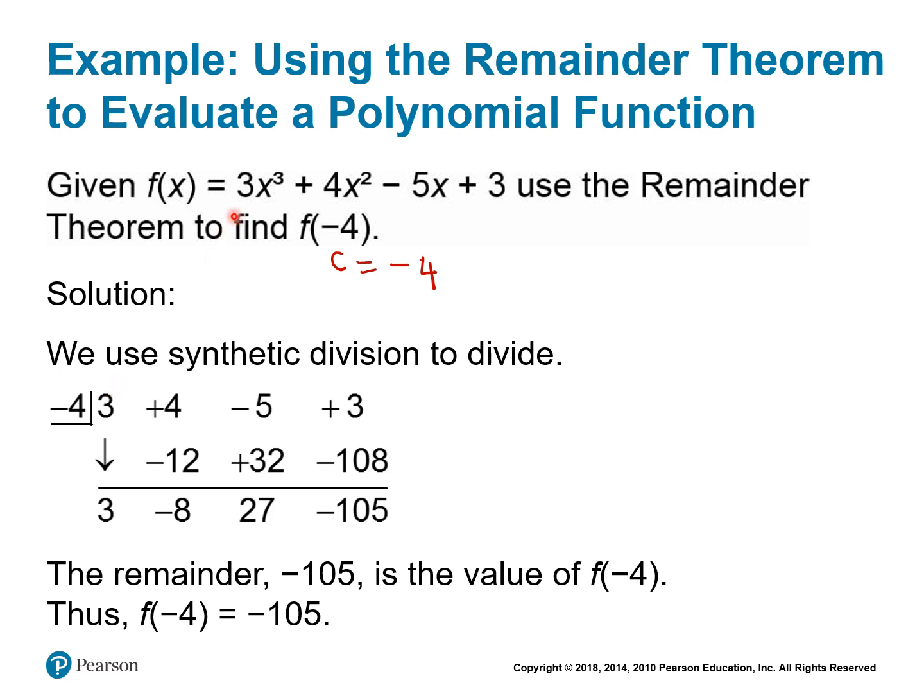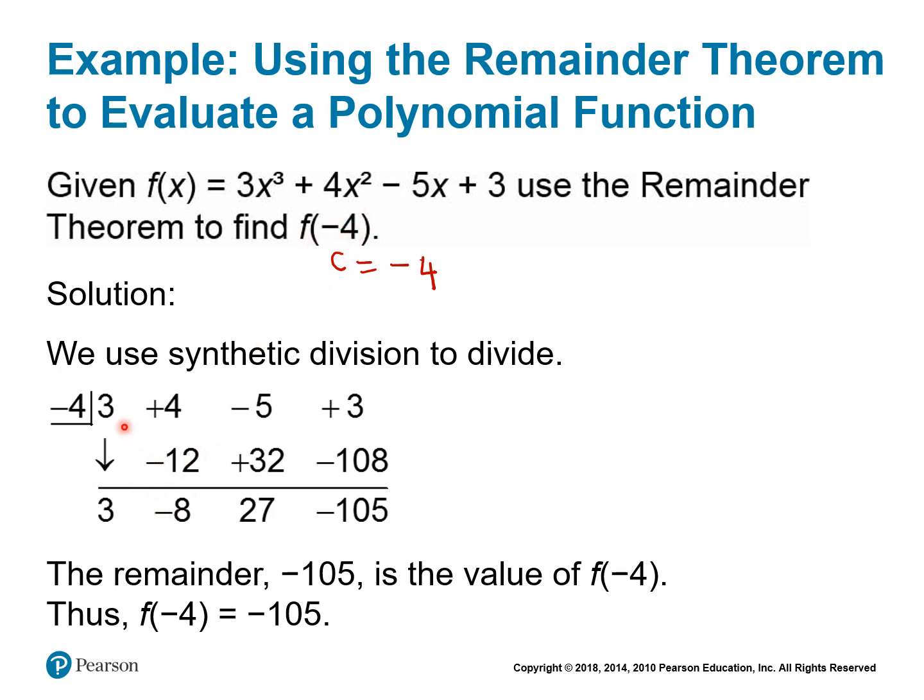So they have 3 from the first term, plus 4 from the second term, then negative 5, and then finally plus 3. We write the synthetic division notation. All right. And then we write the c on the left hand side of the separator. So they have negative 4. All right. c in this case is whatever is inside the brackets in f of negative 4.